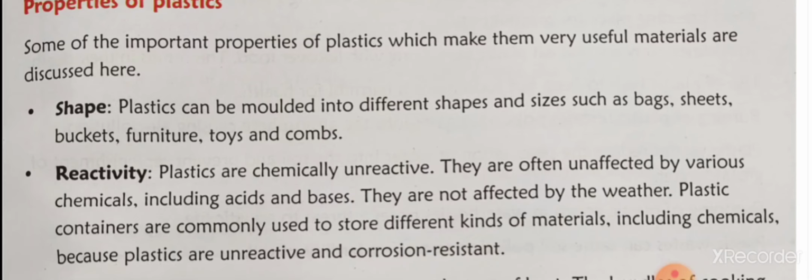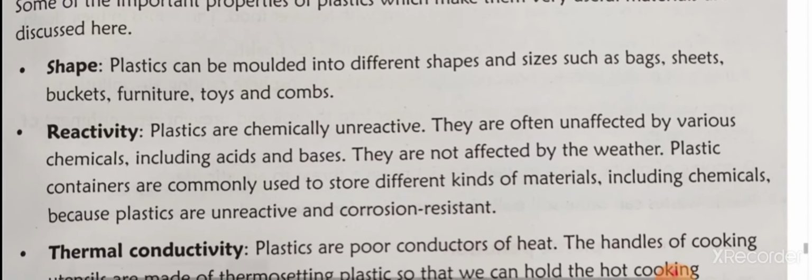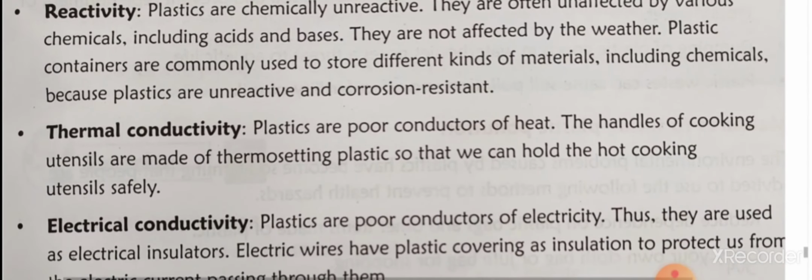Plastic containers are commonly used to store different kinds of materials in the kitchen and other places, including chemicals, because plastics are non-reactive and corrosion resistant. They do not rust either. So this is a very good sign of plastic.